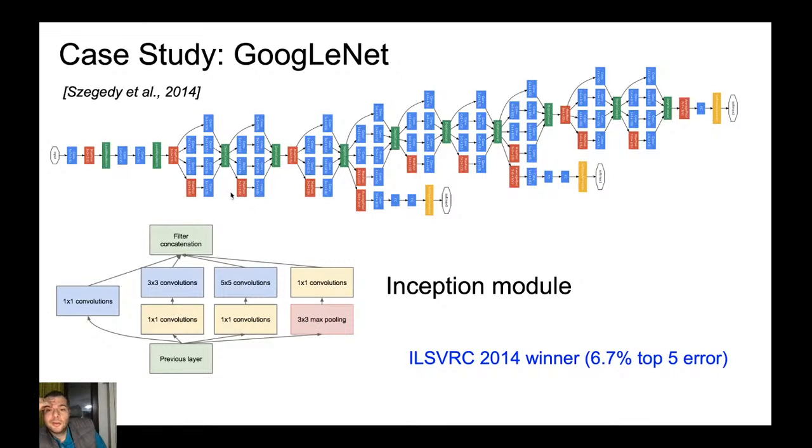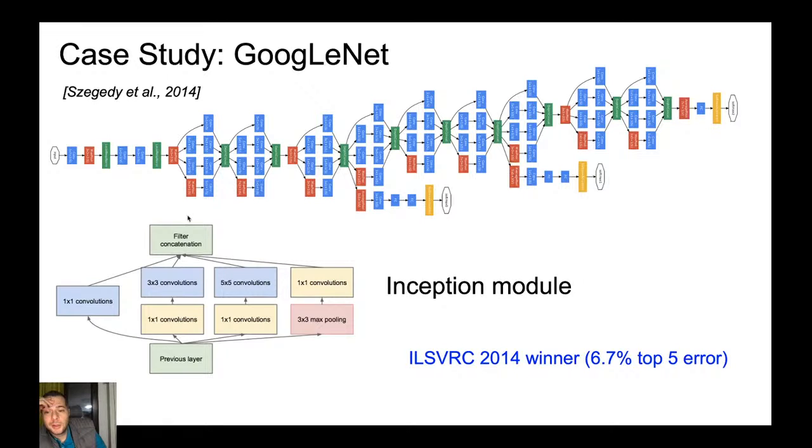And another design choice was to include these inception modules. So the name of the architecture, you'll find it also as GoogleNet and also as InceptionNet, which stems from the name of these inception modules.